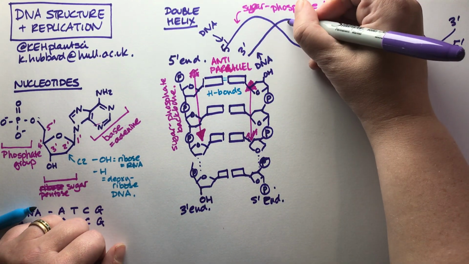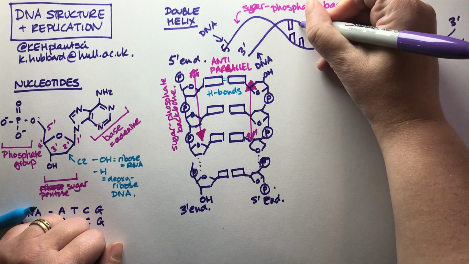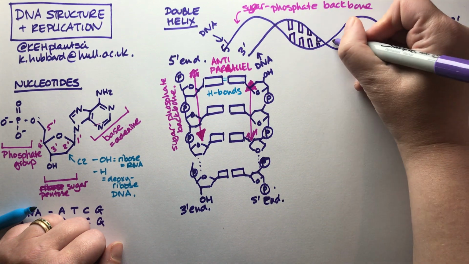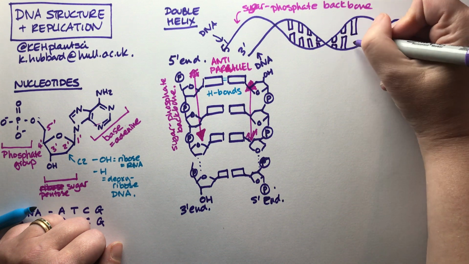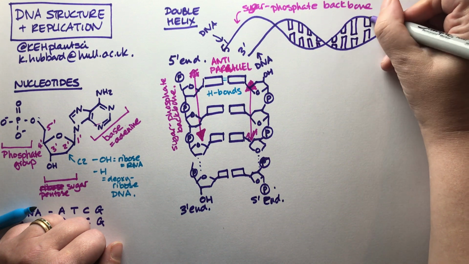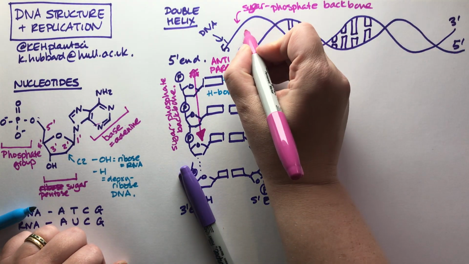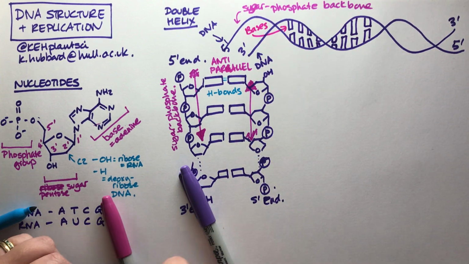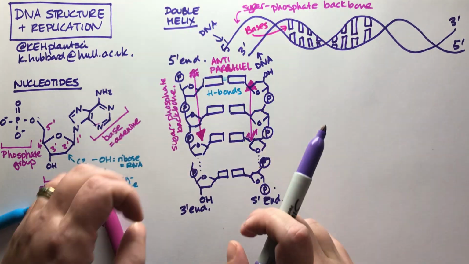The bases are sticking out from the sugar phosphate backbone, but they are effectively sitting between the backbones. So the bases are all in the middle of the structure, and the sugar phosphate backbones are on this side.